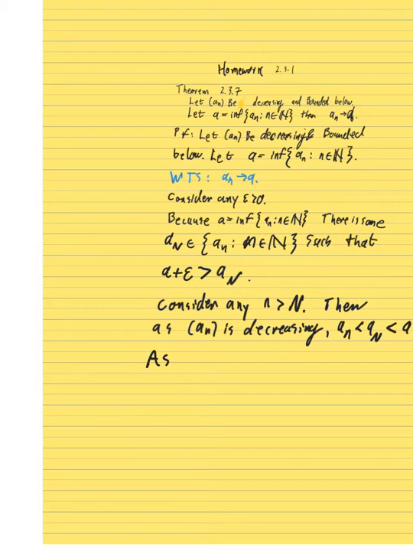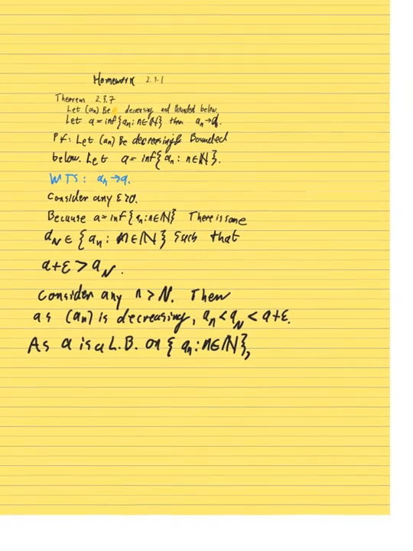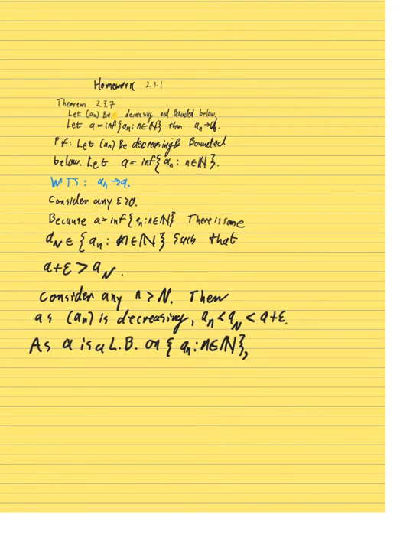As A is a lower bound on the set of all things that look like A sub n, I see that A is less than or equal to A sub n.